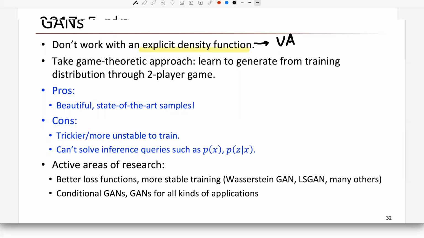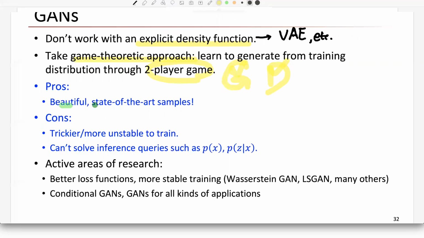Take a game theory approach: play a game and learn to generate the training distribution through a two-player game between generator and discriminator, right? G and D, right? The upside was that it produces beautiful samples, right?